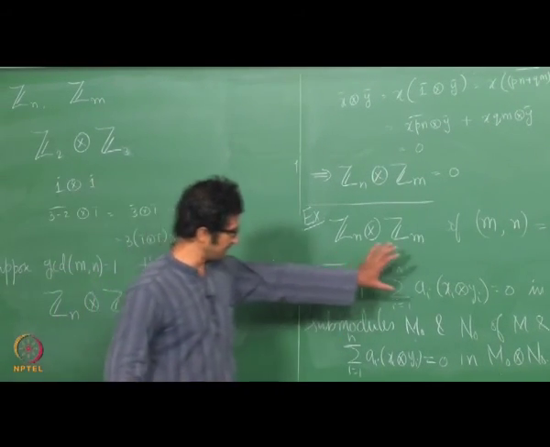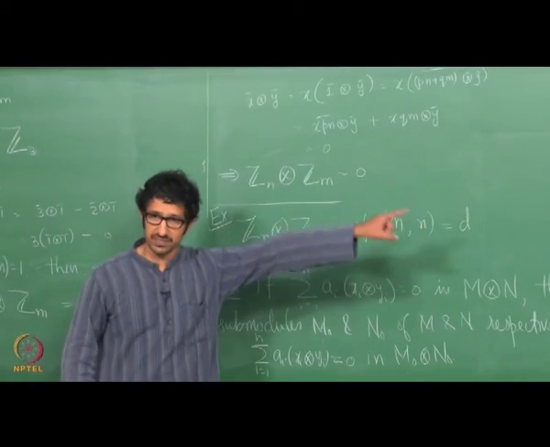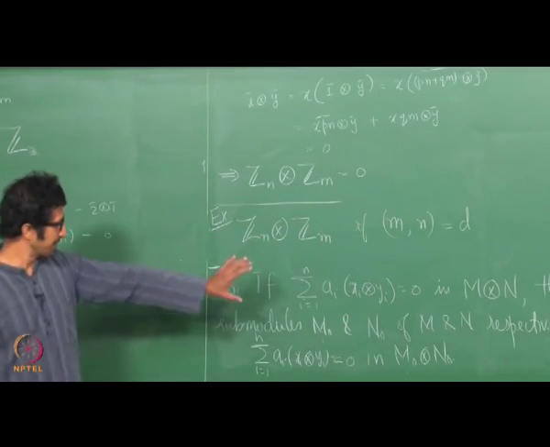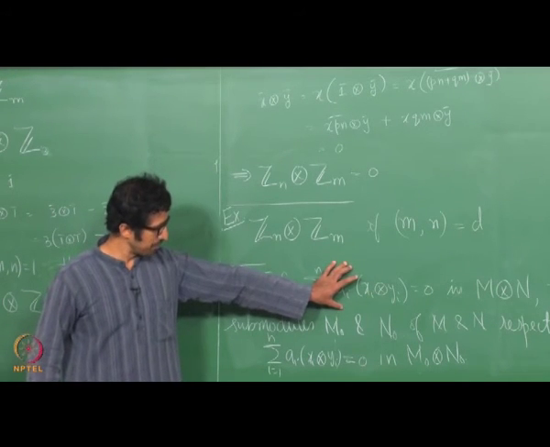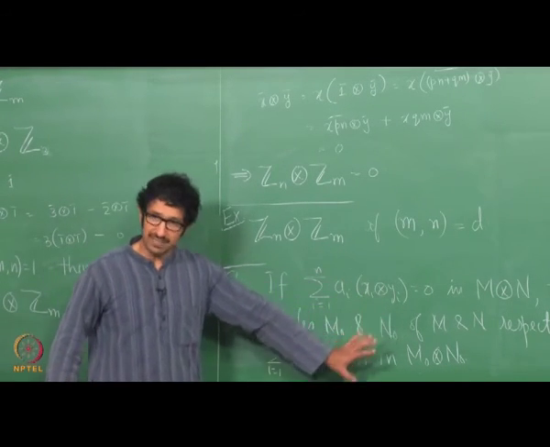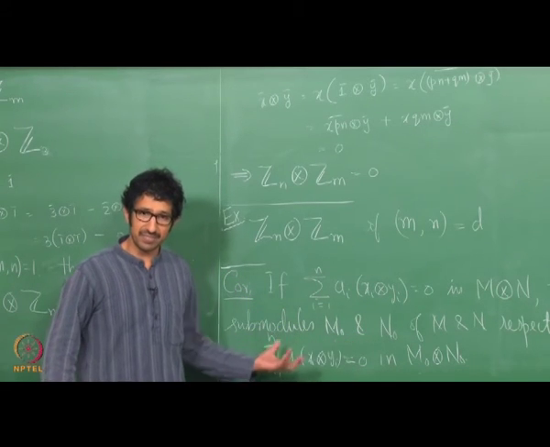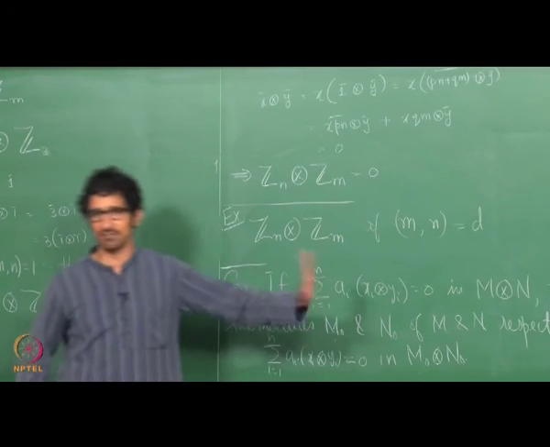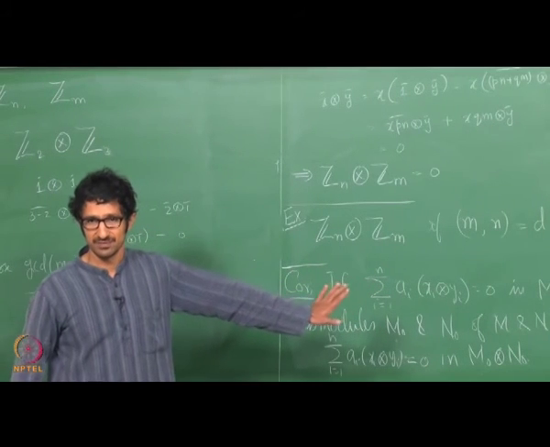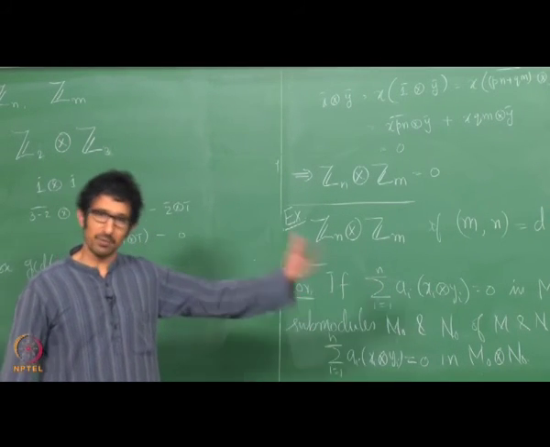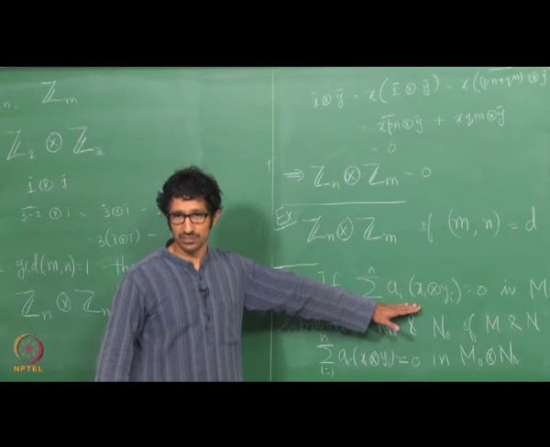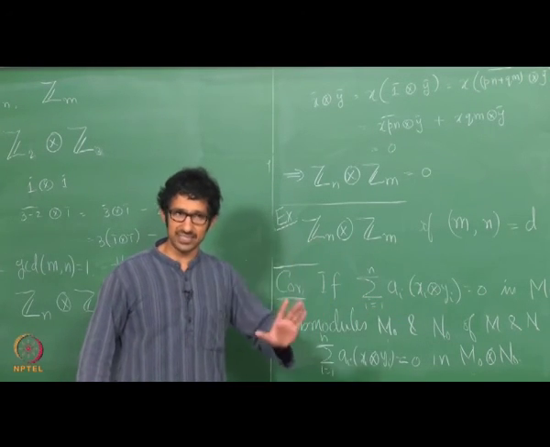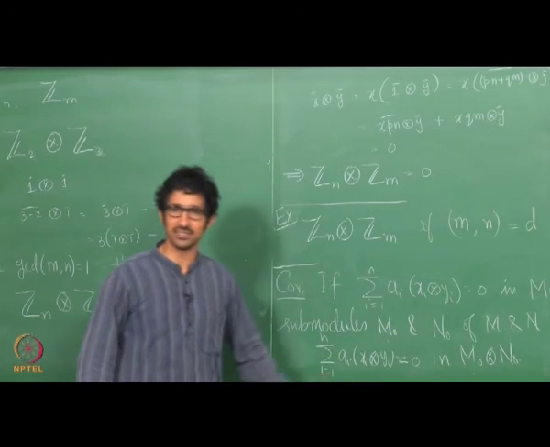There exists a module where this is 0. See, earlier what we saw is that if this is 0, then that does not imply that this is 0 in every submodule, but here we are saying that there exists a module in which this is 0. There could be submodules with this being non-zero, but there exists at least one module in which this is 0.